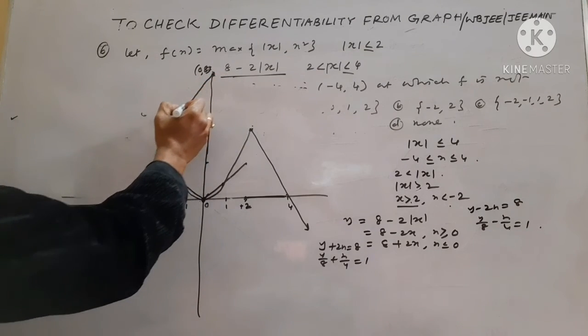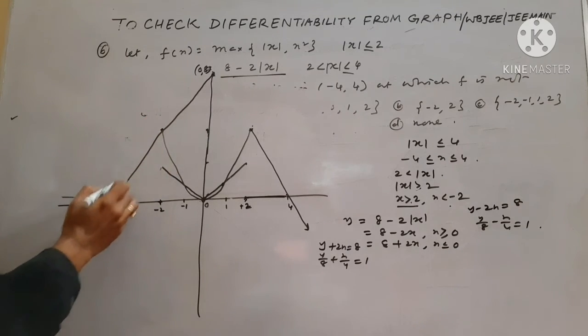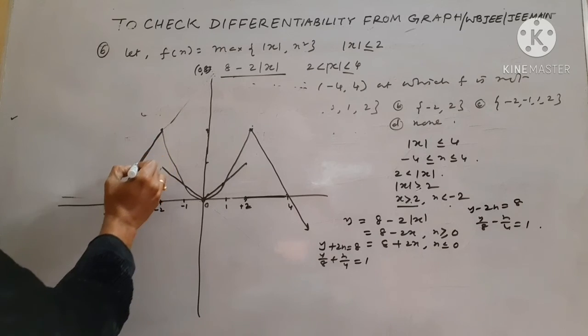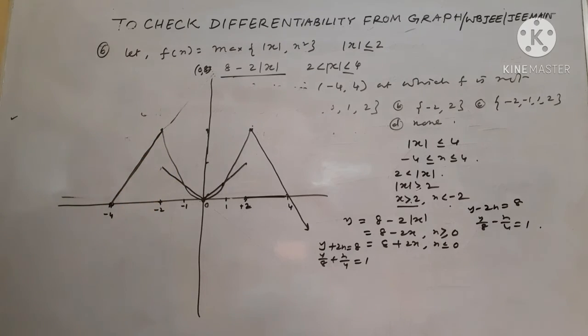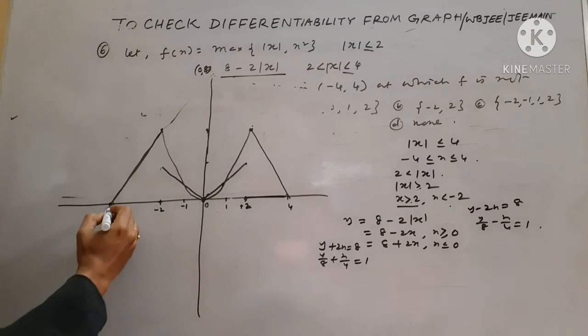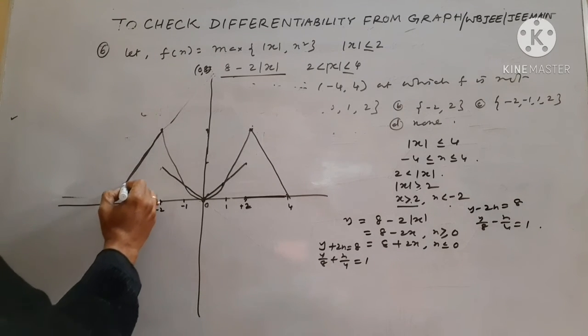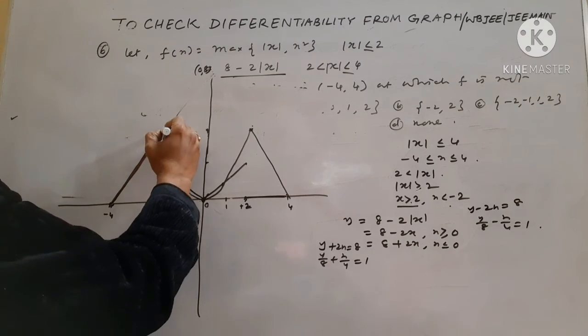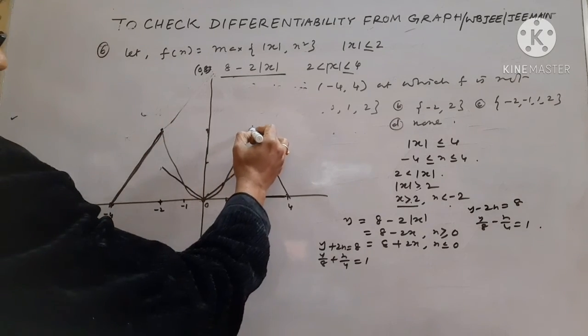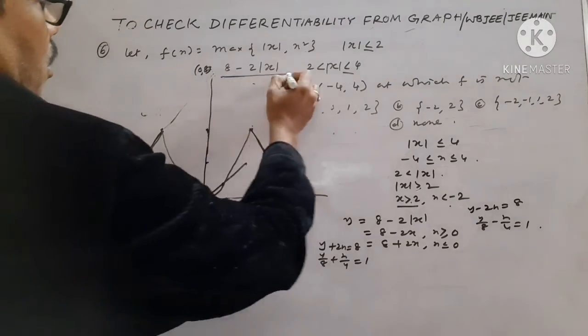So we are getting a figure like this, but this part is not present, so only up to this. And this one is also not present. So the figure is like this, this to this and this to this for the second one.